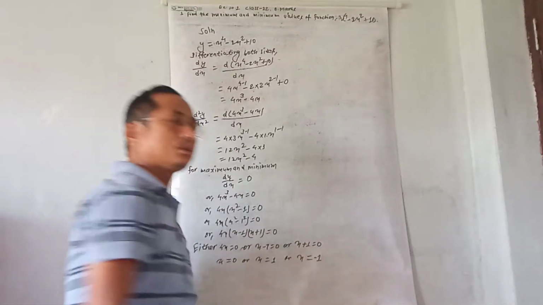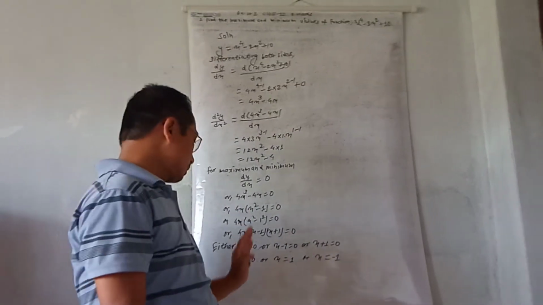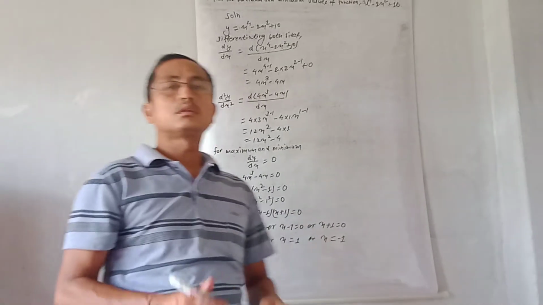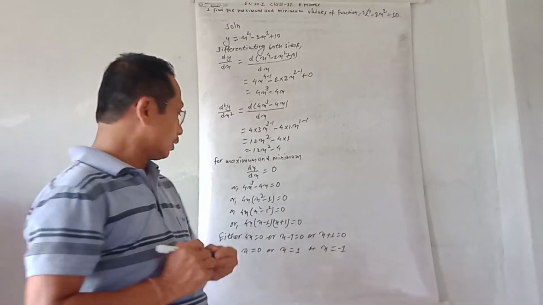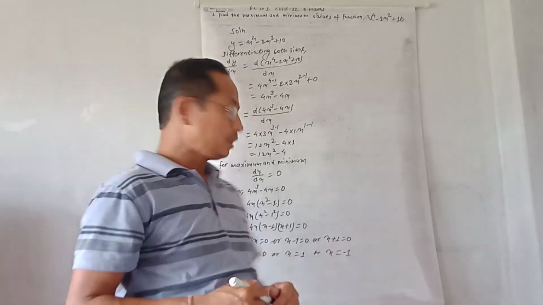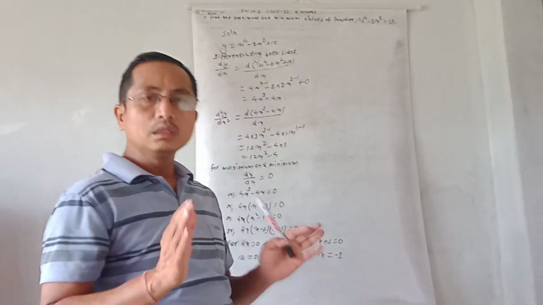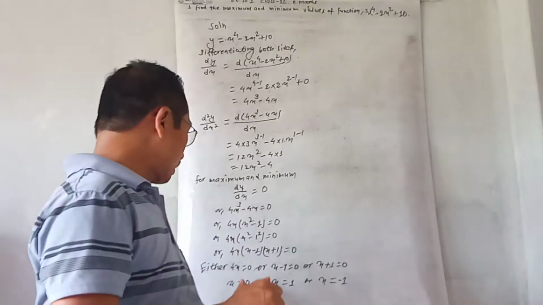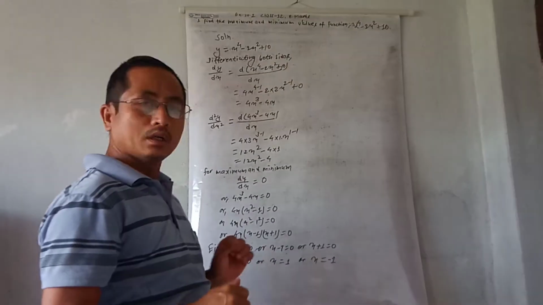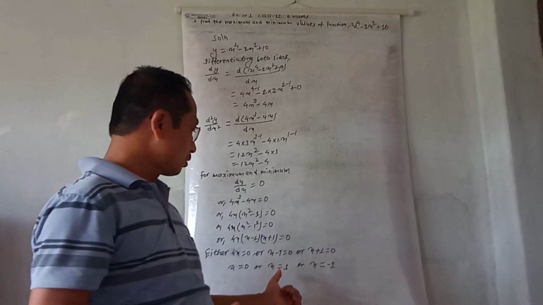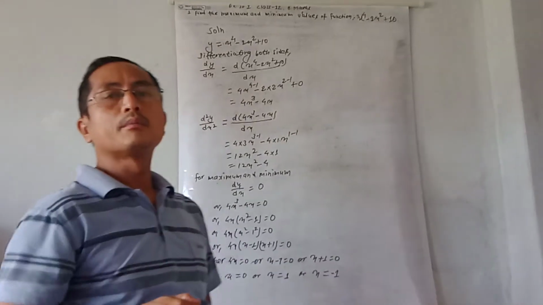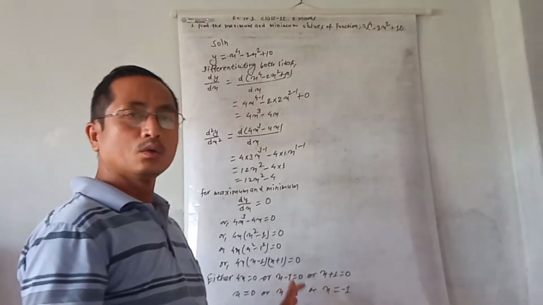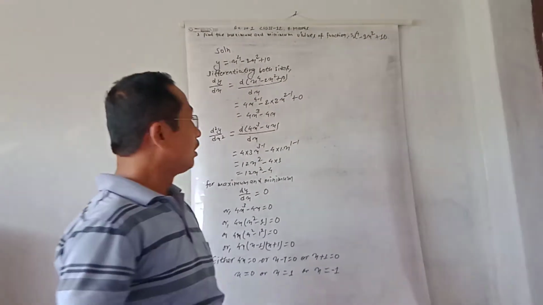This means the values of x are 0, 1, and minus 1. These are called the critical points, we can say. Critical points are x equal to 0, 1, and minus 1.